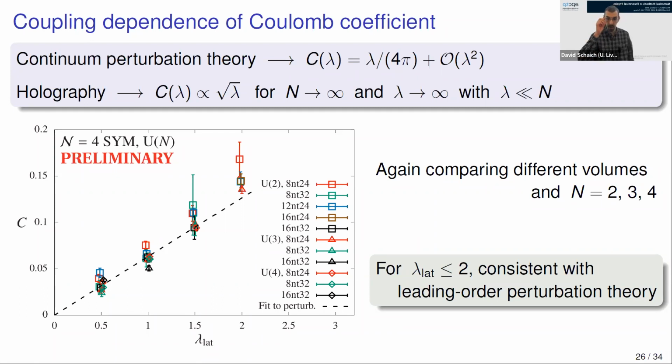So the issue here is that if we had a superconformal field theory, there would be no running of the coupling. That's what a vanishing beta function means for a conformal theory. So we would have then just a direct conversion from the lattice coupling to the continuum one, just dependent on the lattice structure.